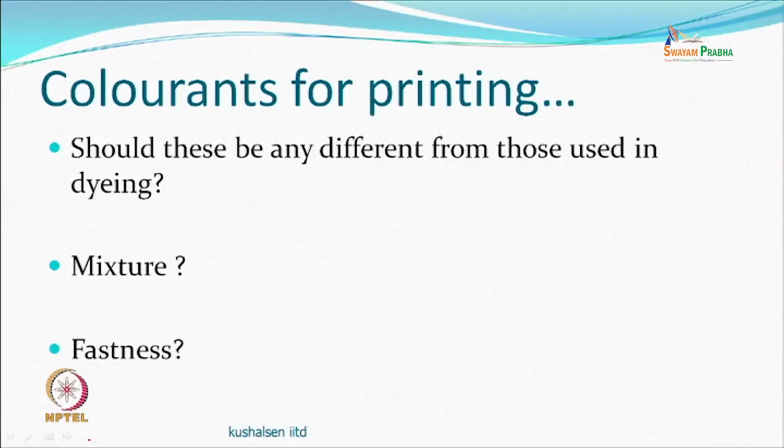Now, this same type of colors, I am not talking about pigments at the moment, can be used for printing. How should they be different? One, many colors are being used in the same system, that of course. Mixtures are being used, yes. The fastness of the dyes in general has to be on the higher side, particularly the wash fastness should be on the higher side, okay.